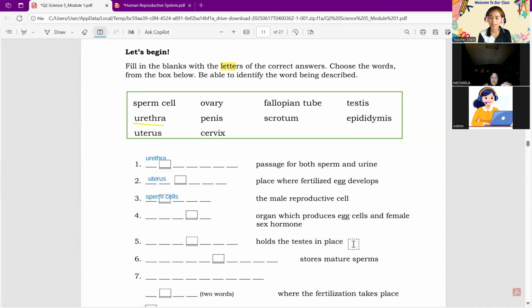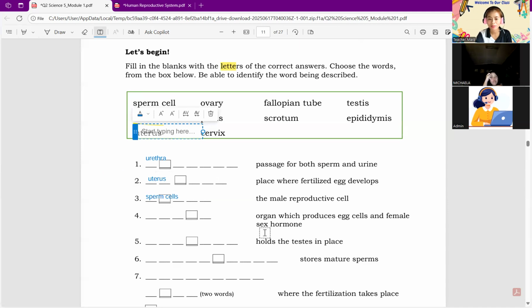Organ which produce egg cells and female sex hormone. It is the organ which produces egg cells and female sex hormones, or the estrogen and progesterone, right?